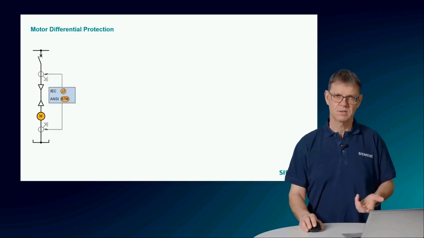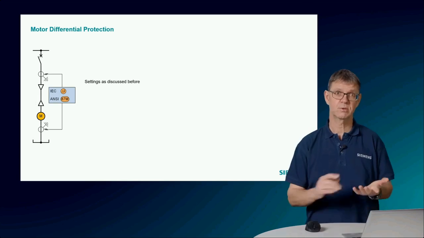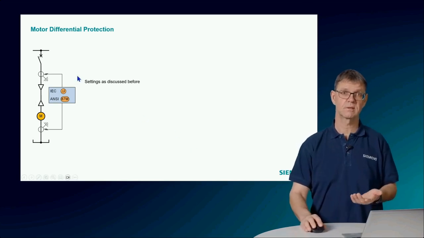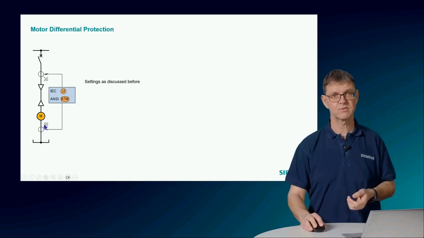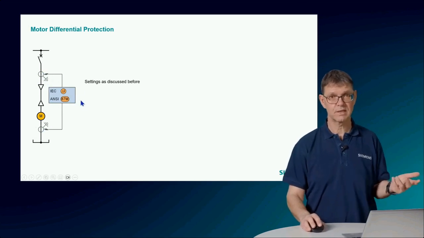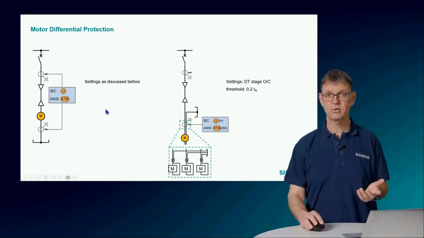Good. So we basically have two types of motor differential protection. The one is like the classical differential protection with a current transformer at the star point and also on the line side, and here are the settings as discussed before.